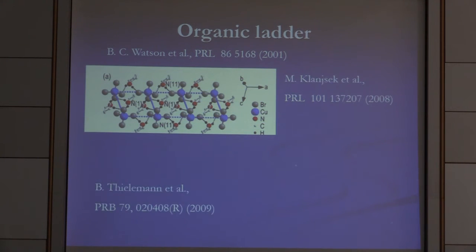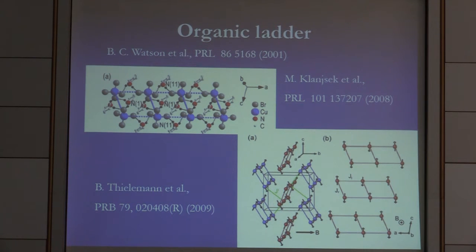First, let me show you that the idealized material I showed you before, this organic ladder, exists. Here is the structure. The material is made of several of these ladders stacked, so there are two inequivalent ladders inside the material, but the exchanges are the same. It's just their orientation which is different.